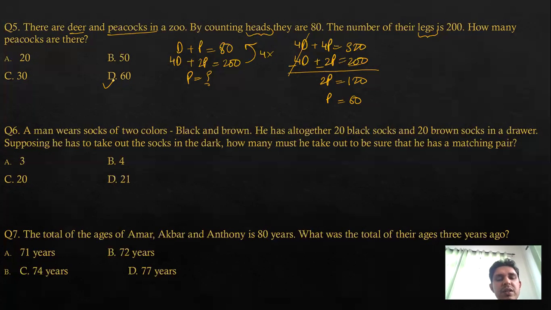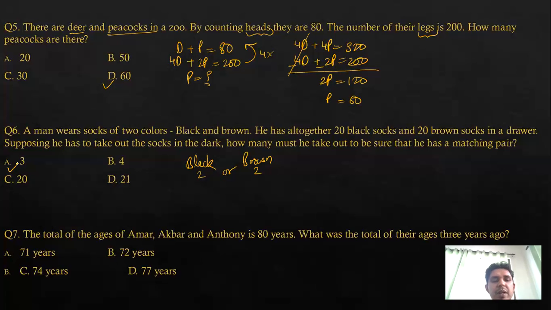So students, the question is about black and brown socks. You very well know that for a pair you need at least two black or two brown socks. If he's asking for the minimum number of socks to ensure that he picks up a pair, the minimum number of socks should be 3.